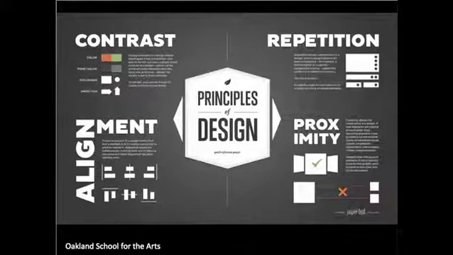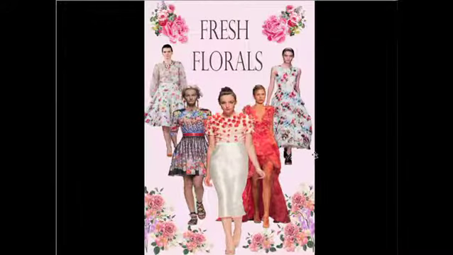Lastly is proximity. How are things grouped together? What's placed next to one another and what's not? In the example here, they say, well, don't place things too far apart. Well, you can have things placed far apart, but what helps is if things are overlapped, and that's what this graphic says. You'll see here that 3 figures in the foreground are grouped together.